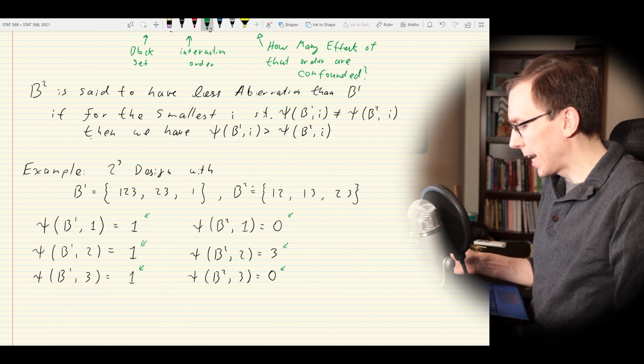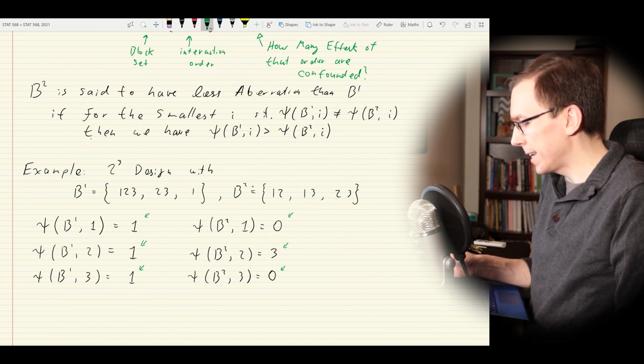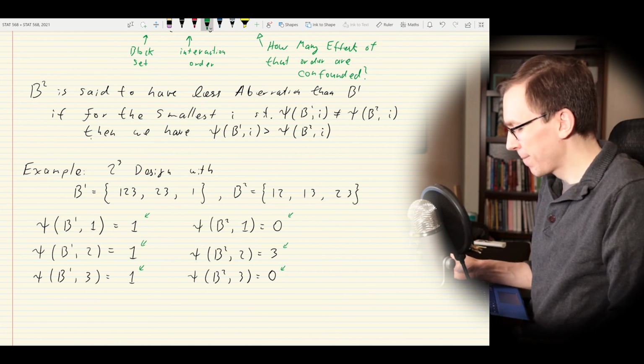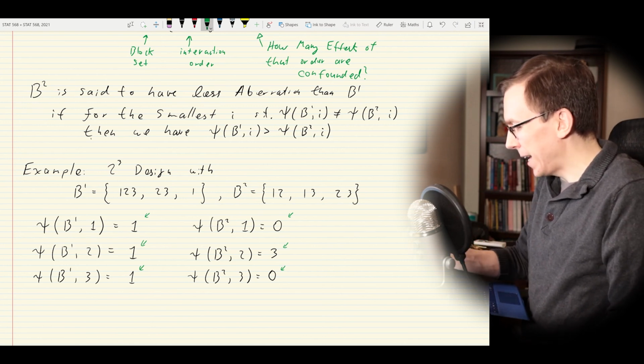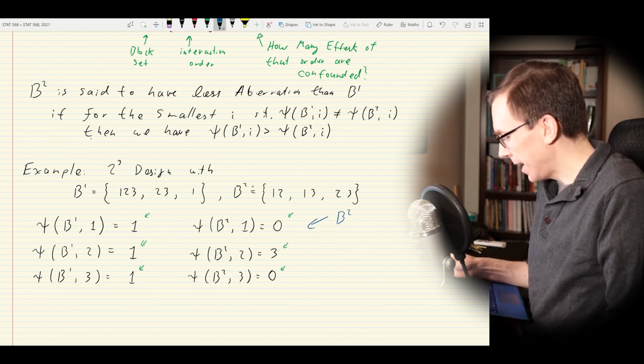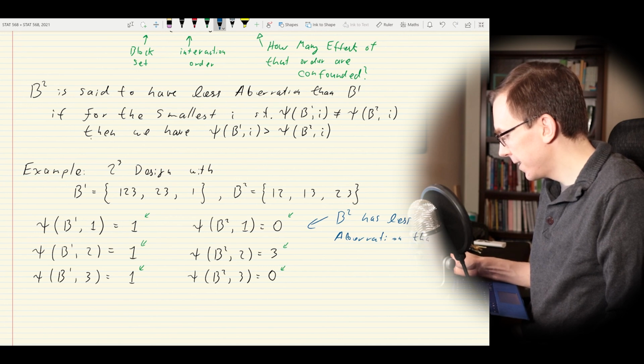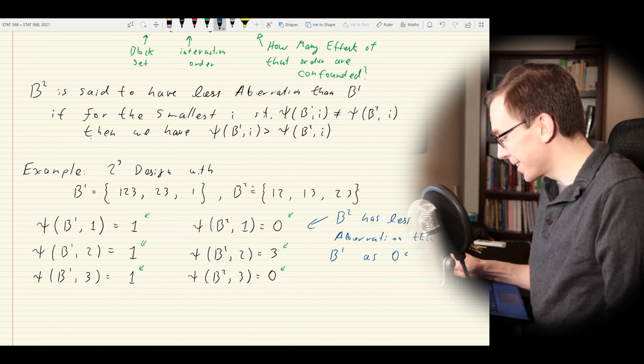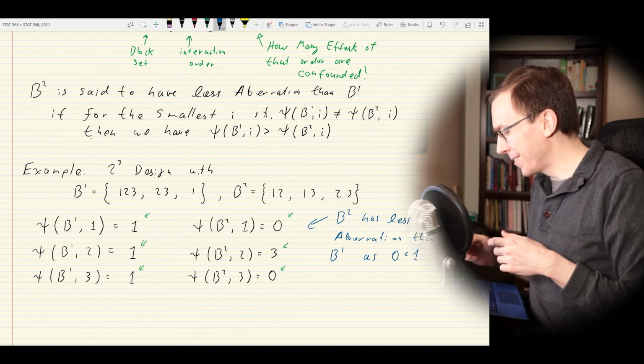That happens to be when i is equal to 1. Then we ask which number is smaller, 1 or 0. 0 is smaller. Therefore, B2 has less aberration than B1, as, well, 0 is less than 1. Profound statement.